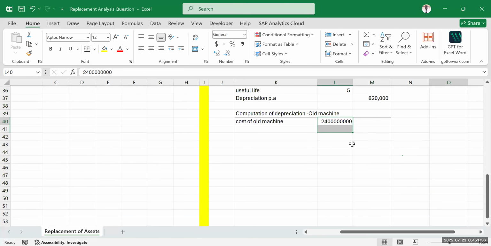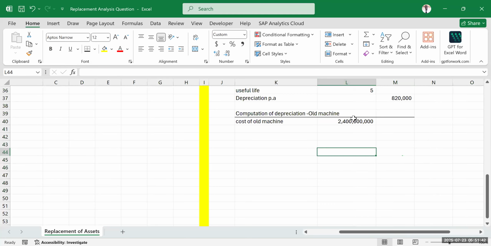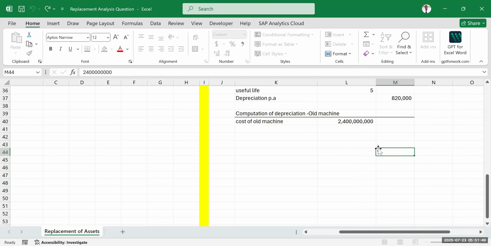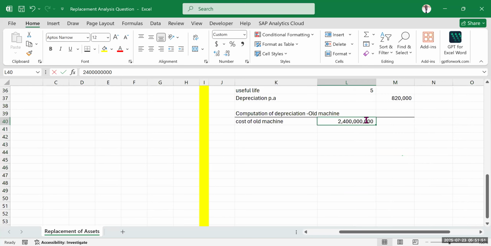Then let me just put a comma style here. Remove the decimals like that. 2.4 million. How much did I write here? This is 2 billion. It should be 2.4 million like that.